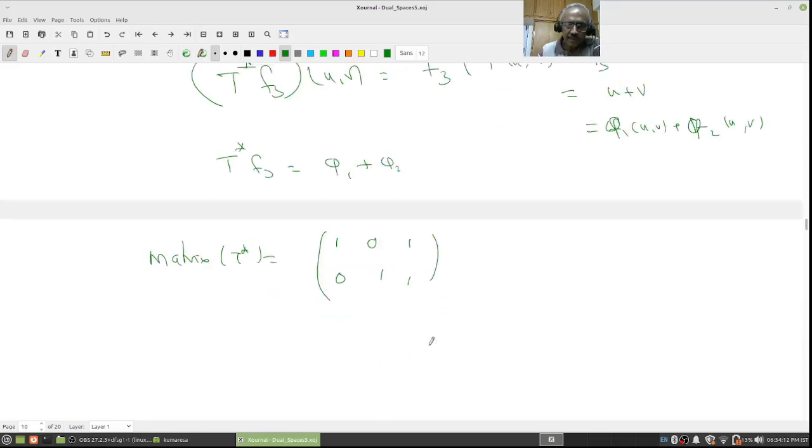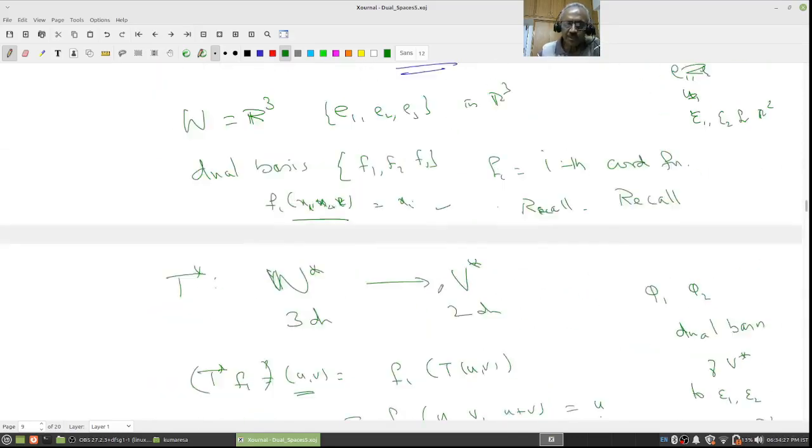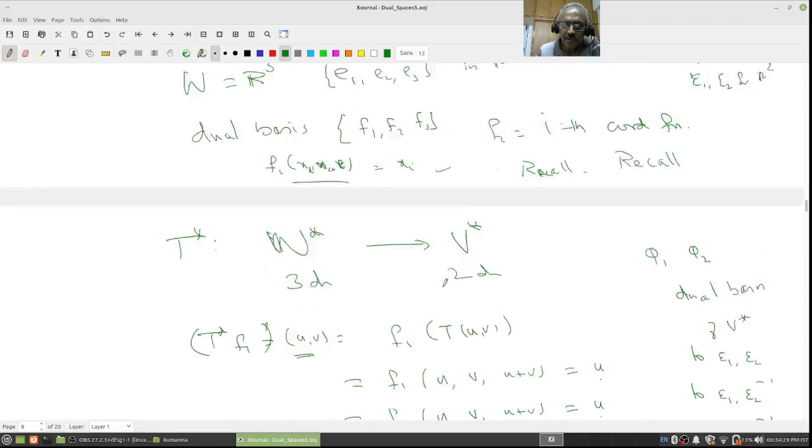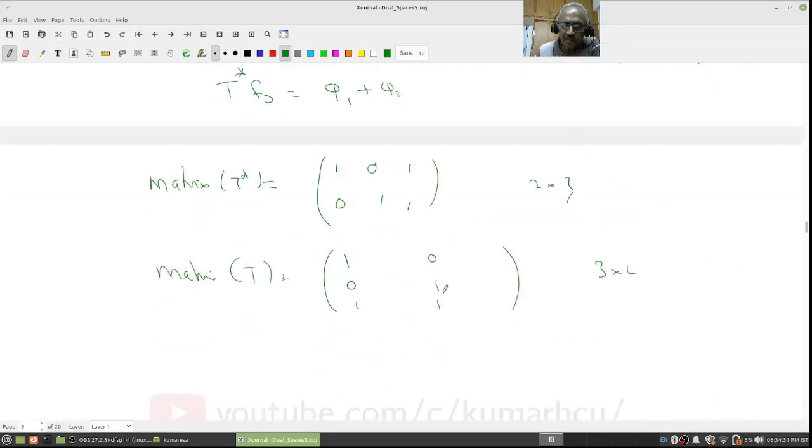Now just compare this with the matrix of T. The matrix of T is a 2 by 3 matrix, and this is a 3 by 2 matrix. That was 1 0 1 and 0 1 1. Do you observe anything?